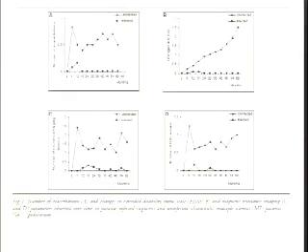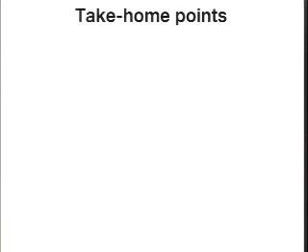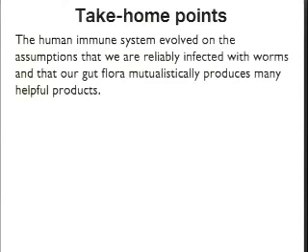So the take-home points from this are that our immune system evolved on the assumption that we are reliably infected by worms. I grew up in Hawaii. I ran around barefoot in Hawaii. I had worms when I was a kid. And we also had a very complex gut flora.